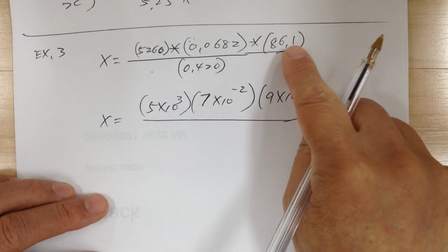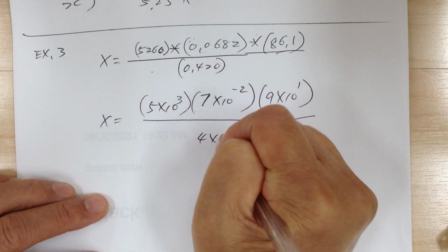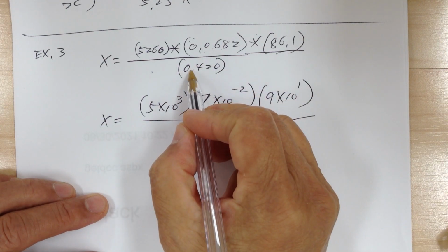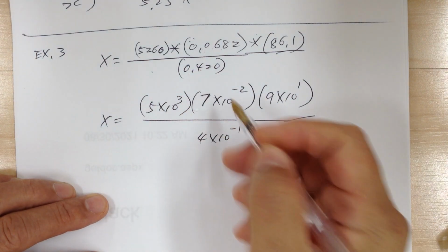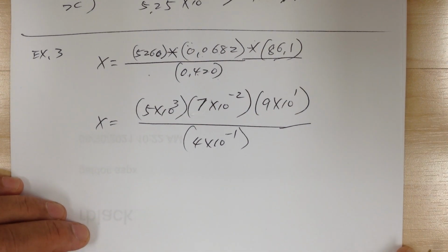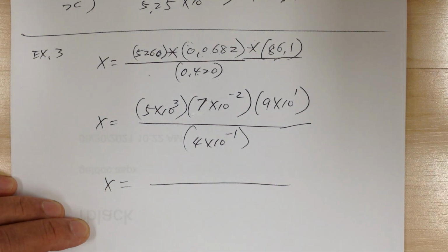So again, first you round it off to one digit. And this one would be 4 times 10 to the negative 1, because you're moving the digit this way, so you have to move the exponent that way. So first convert it into one significant digit scientific notation. Then after that, you can go ahead and work it out.